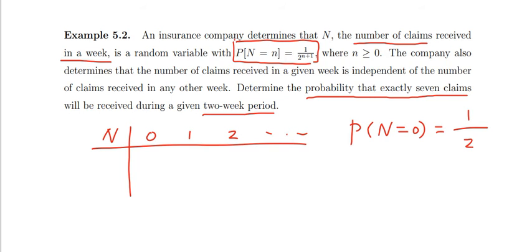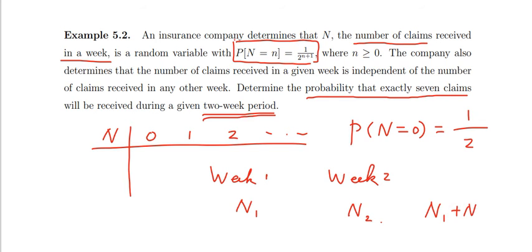Here the keywords are during a 2-week period. So let's see, week 1, week 2. Suppose in week 1 we have N1 claims, in week 2 we have N2. So we want to find the probability that N1 plus N2 equals 7. Like, what is such a probability, right?